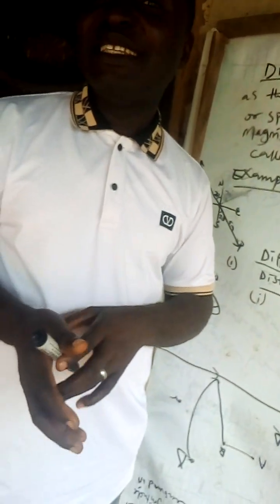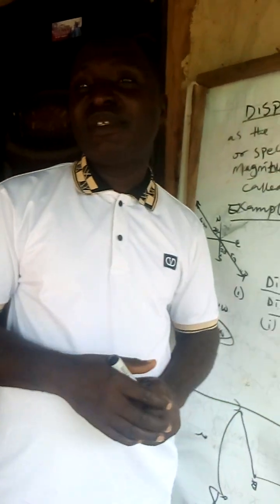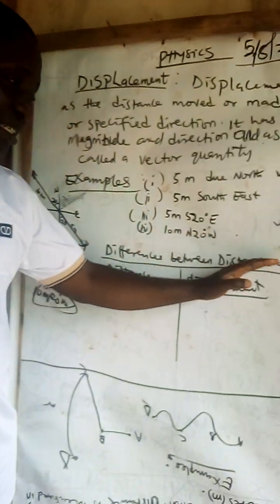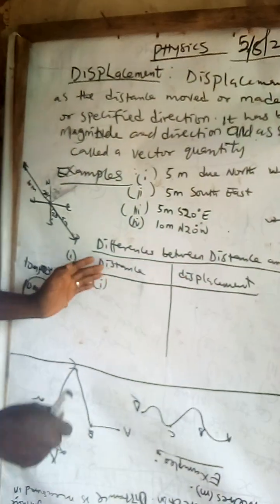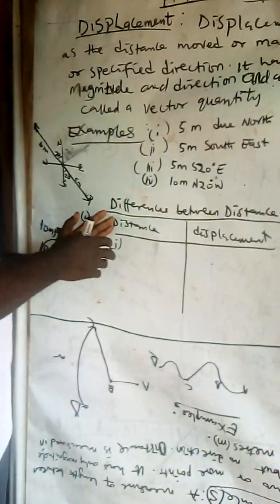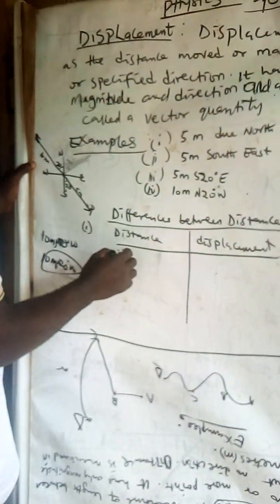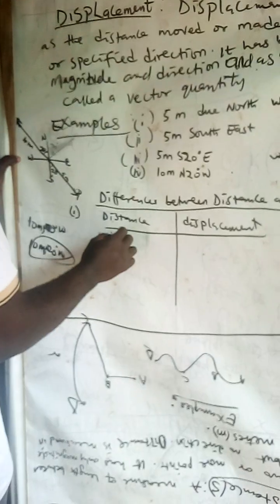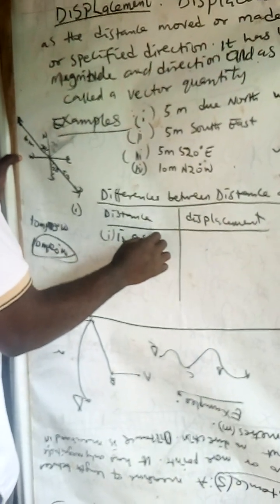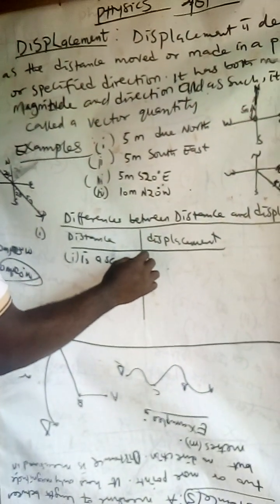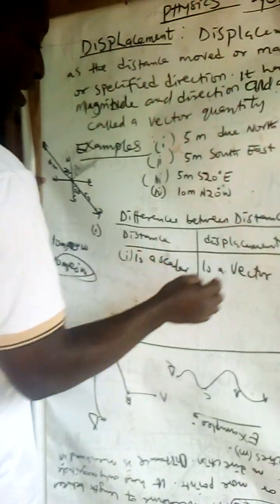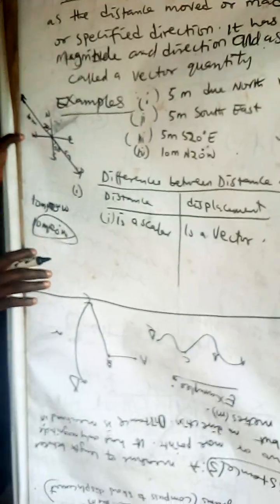But then, that will take us to the differences now, so that no one will make a mistake. So, in their differences, we are saying that distance is a scalar, while this one is a vector. A vector. That is the major difference.